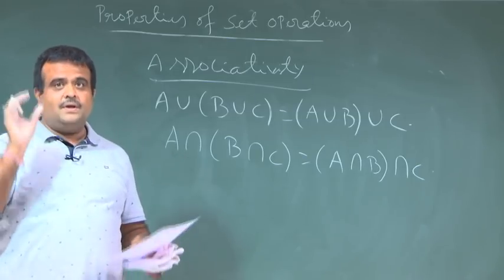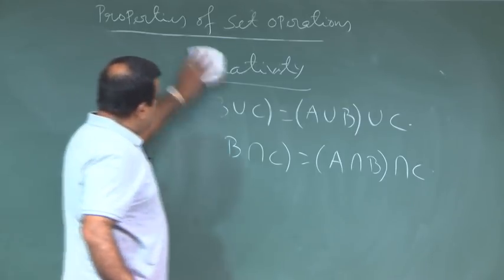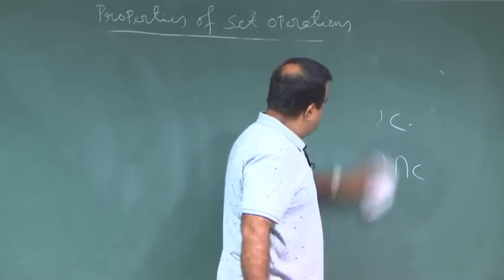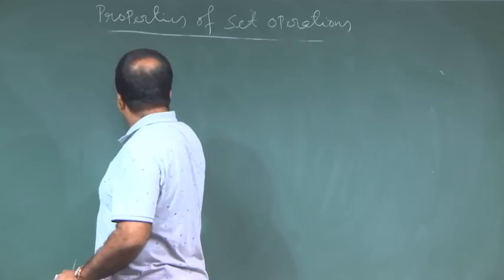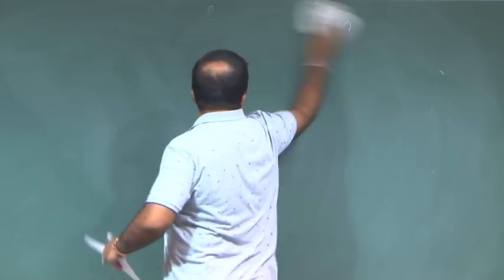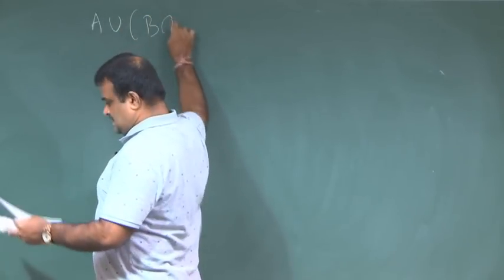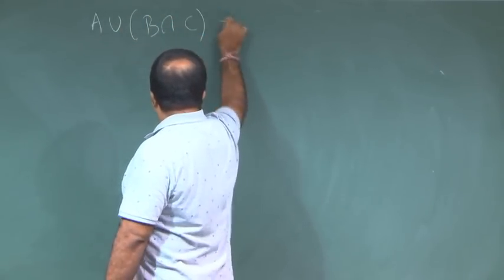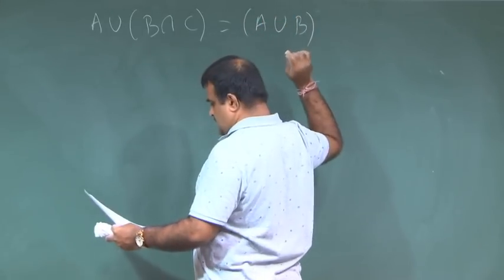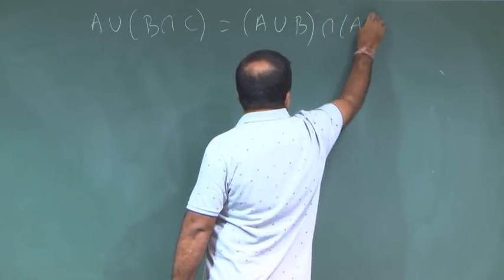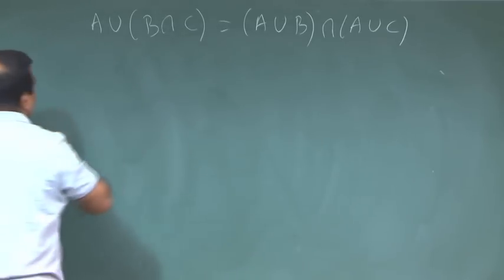Now, if we want to combine this union and intersection, then we have another property which we will prove. So, the combination. Suppose we have A union B intersection C. So, this is basically A union B, then intersection A union C. This is a property.